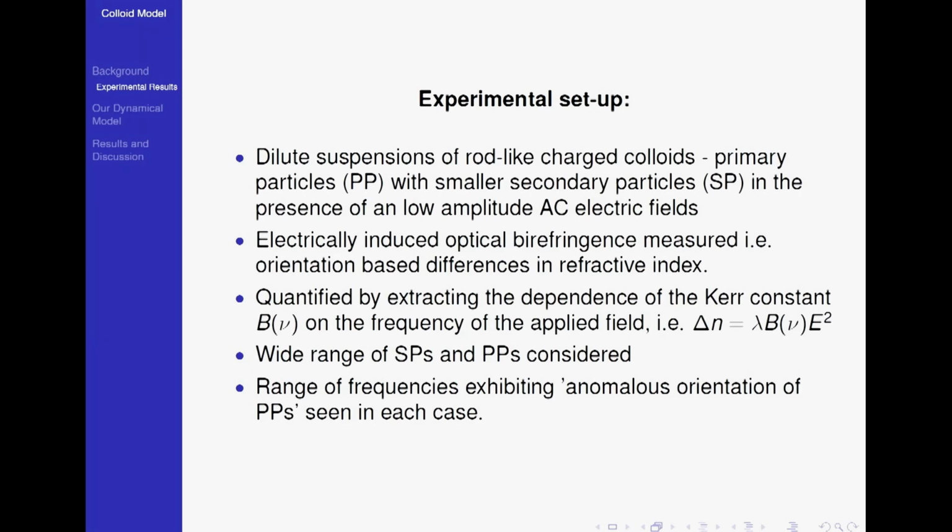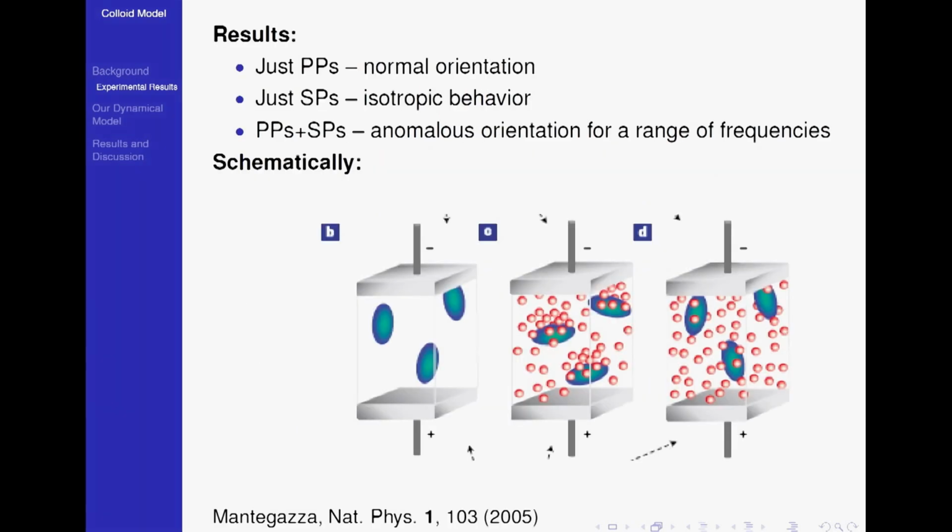So what is this mysterious anomalous orientation? Let's go to a schematic. Before we get there, a couple of things to note. If I had just the primary particles, just the rods, and I put on an AC field, as long as the AC field was not too slow, the rods would point and switch alignment as the field changed.